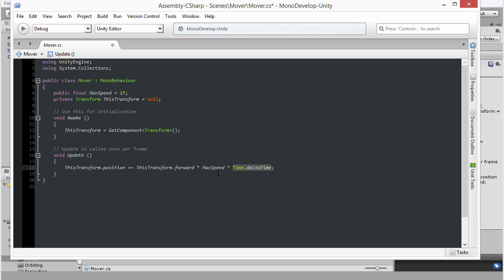And if our speed, for example, was 10 meters per second, and half a second had elapsed, we should be traveling 5 meters. And so max speed times time.DeltaTime, which in the case of 2 frames per second would be 0.5. When we multiply a value by 0.5, it is halved, and so we always travel the correct speed.